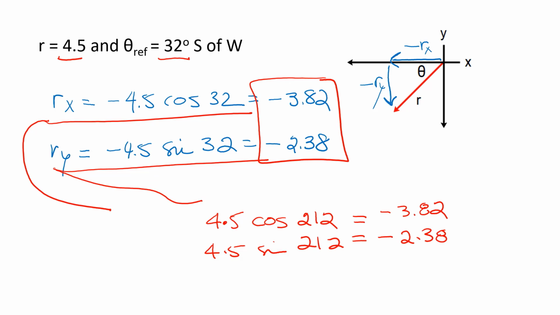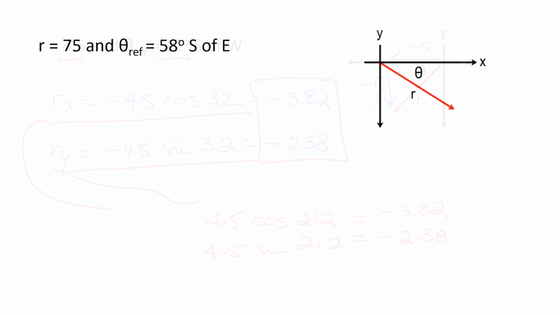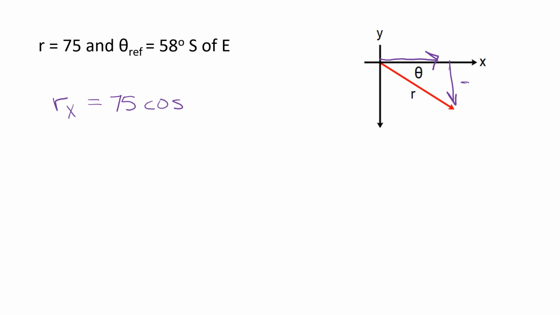All right, let's try another one. So now we're in the fourth quadrant. In the fourth quadrant, the x component is positive, the y component is negative. So if I'm going to use my reference angle, I'm going to do 75 cosine 58 positive, Ry will be negative 75 sine 58.